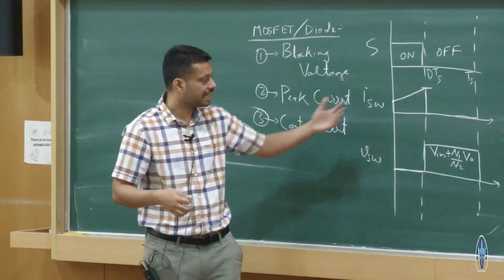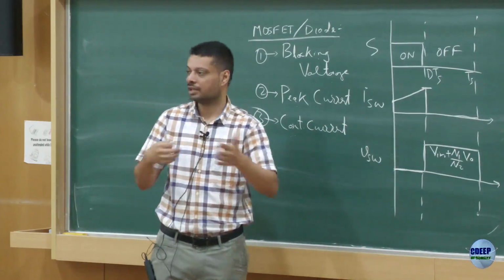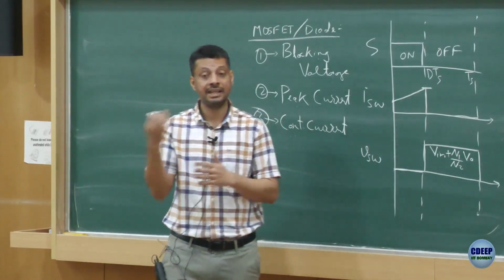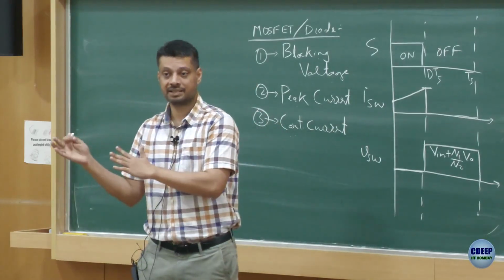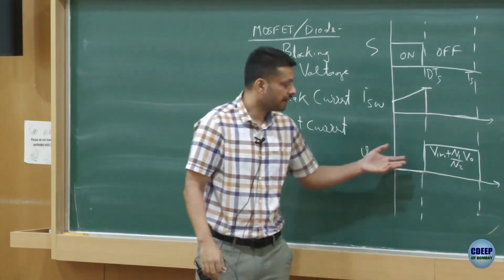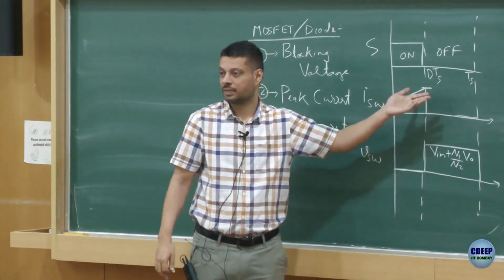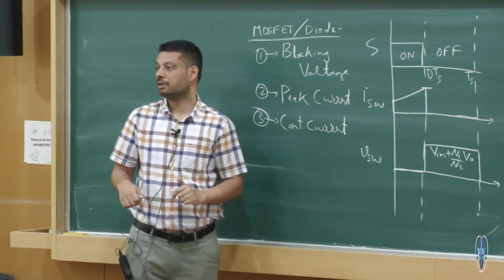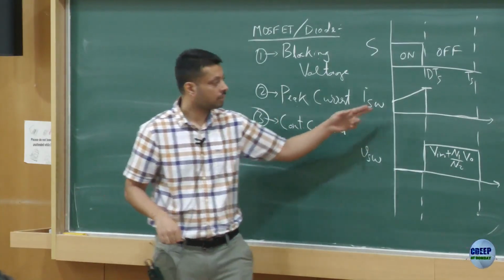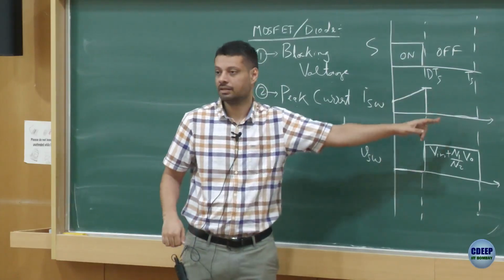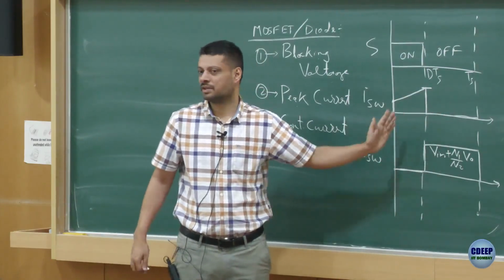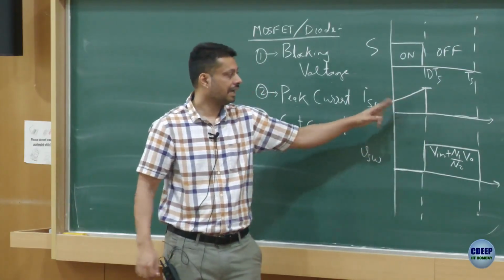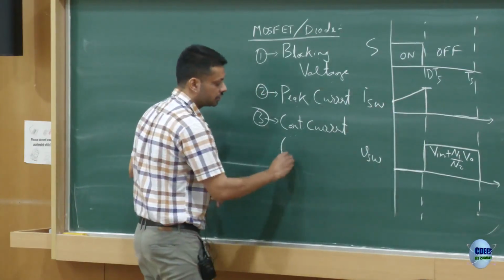The application does not require a continuous current, but understanding that continuous current may lead to some thermal constraint, you usually find the RMS value of this current, and that becomes the continuous current rating of the device you are looking for. So you can calculate the RMS value of this waveform. We are not doing the RMS definition here, all of those things I assume you know, right. So you can find the RMS value of this, and this is what would feed into the continuous current.